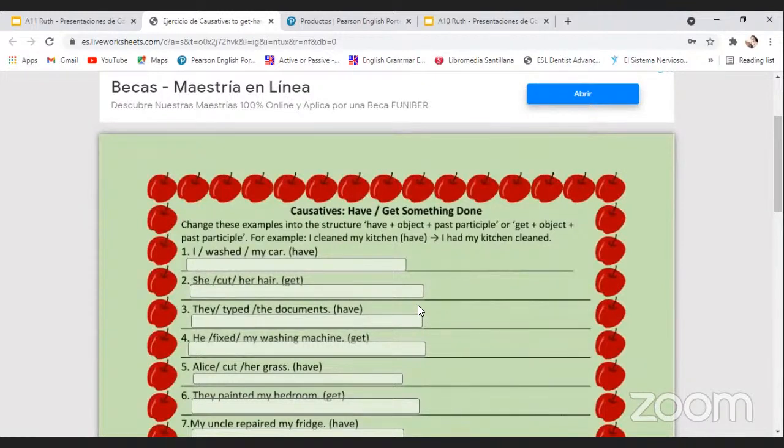Then the auxiliary that I have to use is have and get, or not. In these cases, yes. But here it is requesting it already, because we don't have the causative here. So you have to type in here I had my car washed, because it's requesting you to change it into the past participle. I had, I had.